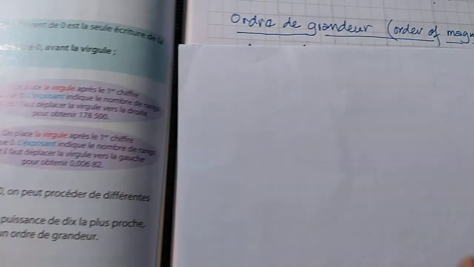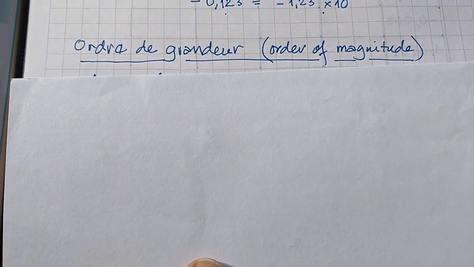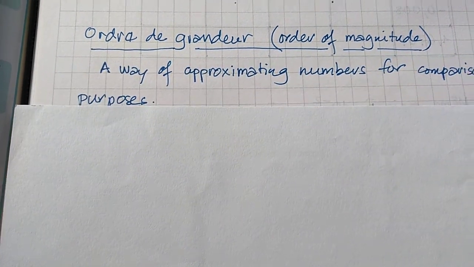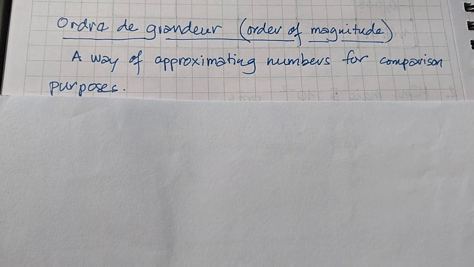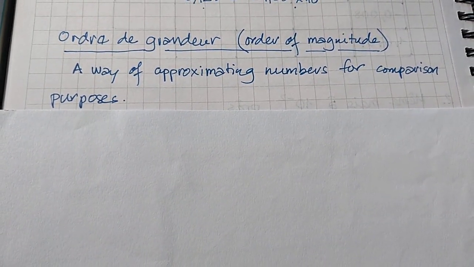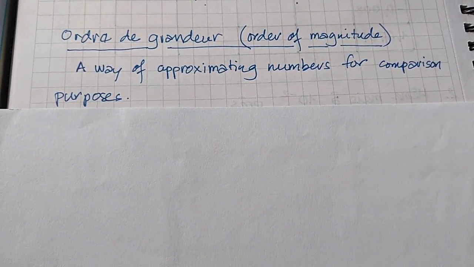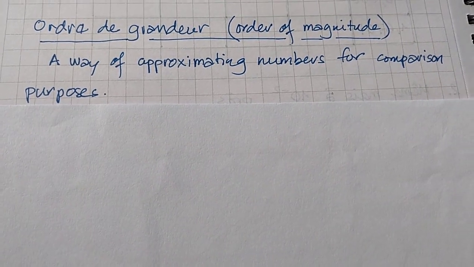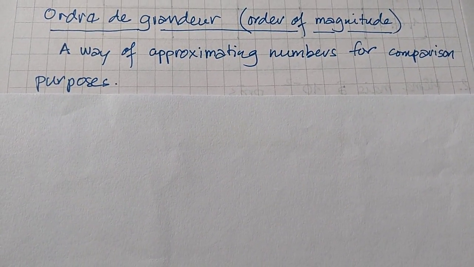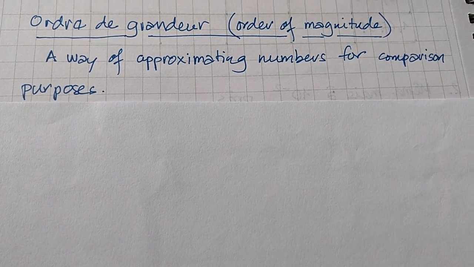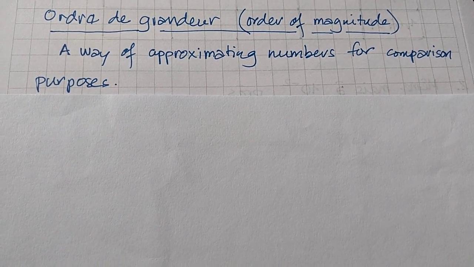Okay, so ordre de grandeur, order of magnitude, a way of approximating numbers for comparison purposes. What do you mean by comparison purposes? So let's say I ask you, how much bigger is the planet Earth, our planet, as compared to a tennis ball?